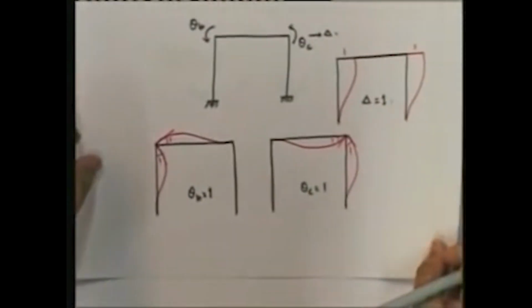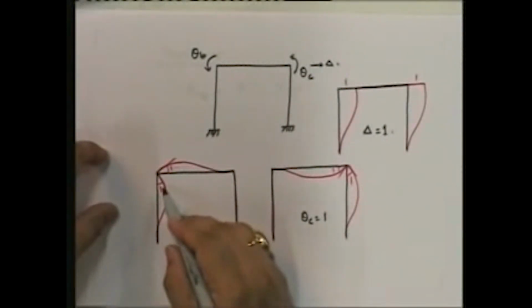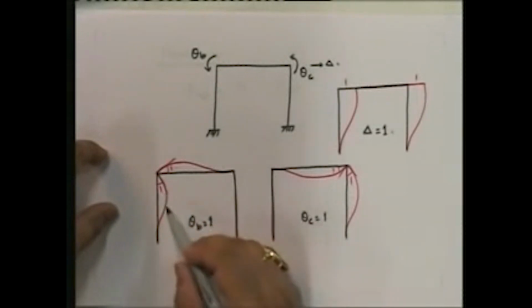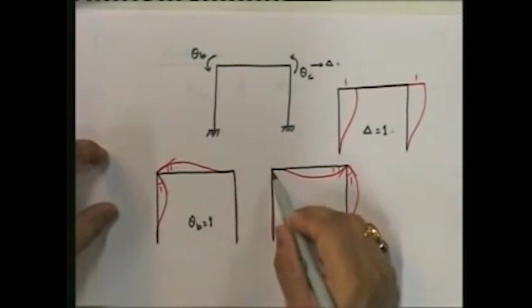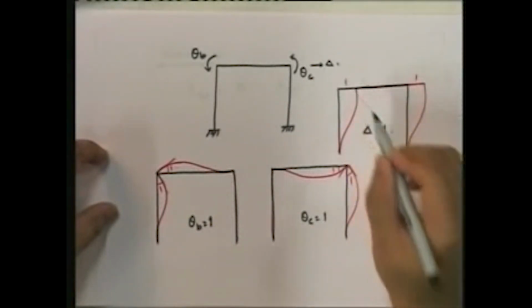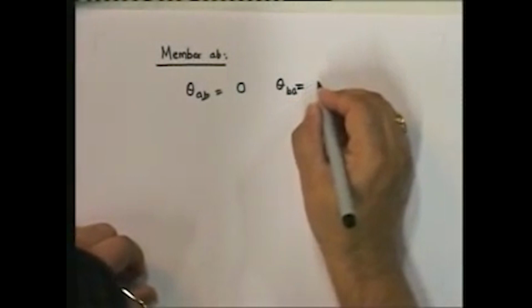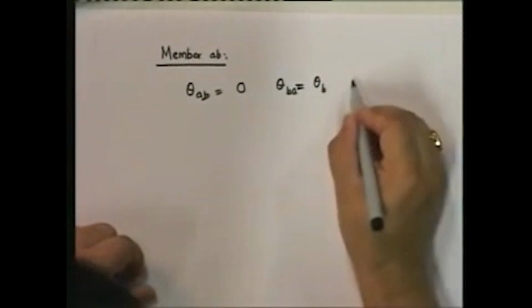Let's see theta B A. When theta B is equal to 1, theta B A is equal to 1. So theta B A is equal to 1 into theta B. When theta C is equal to 1, theta B A is equal to 0. When delta is equal to 1, theta B A is equal to 0. So therefore, we are going to write down theta B A is equal to theta B only.